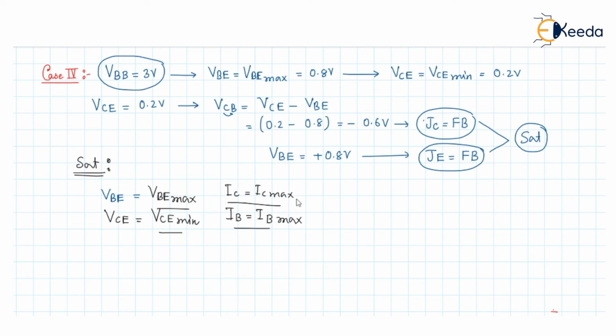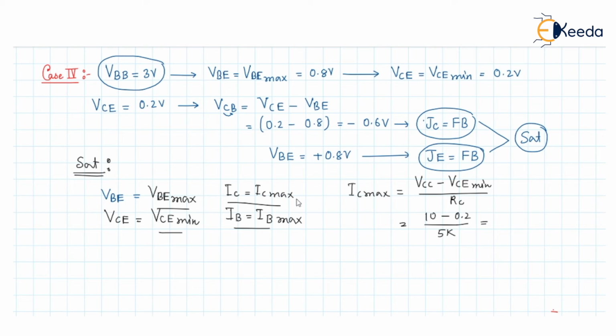So we can say that the IC maximum can be found from this equation: VCC minus VCE minimum divided by RC. We have seen that VCC is 10 volt, VCE minimum is 0.2 volt, RC is 5 kilo ohm.